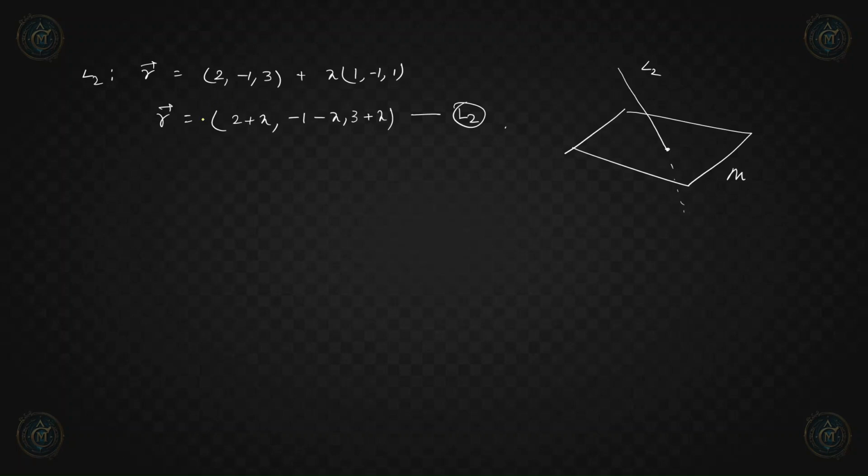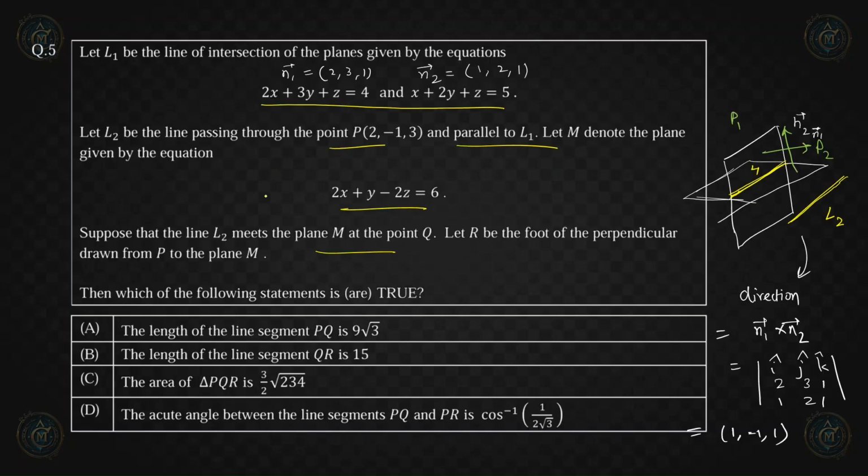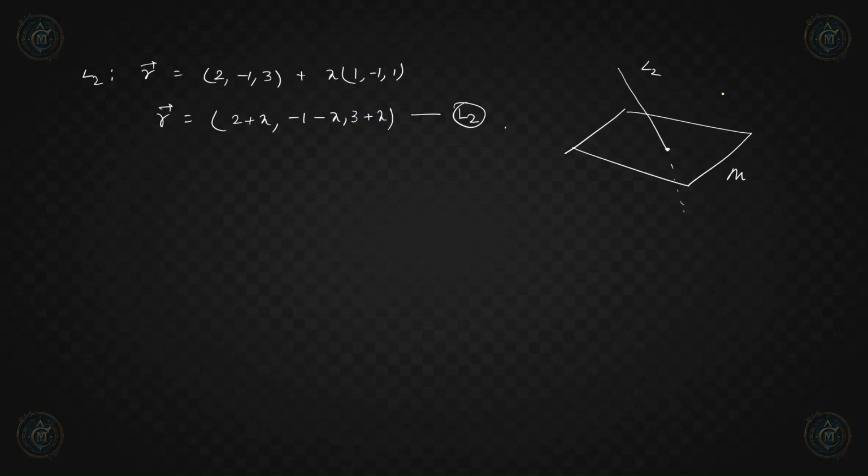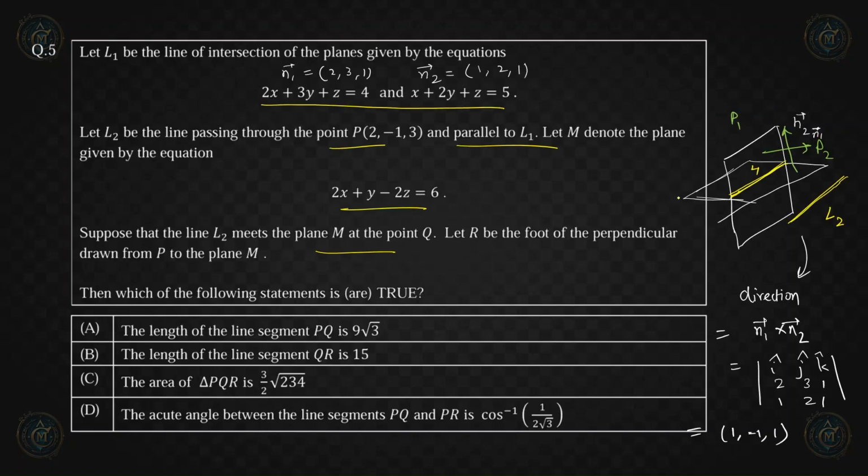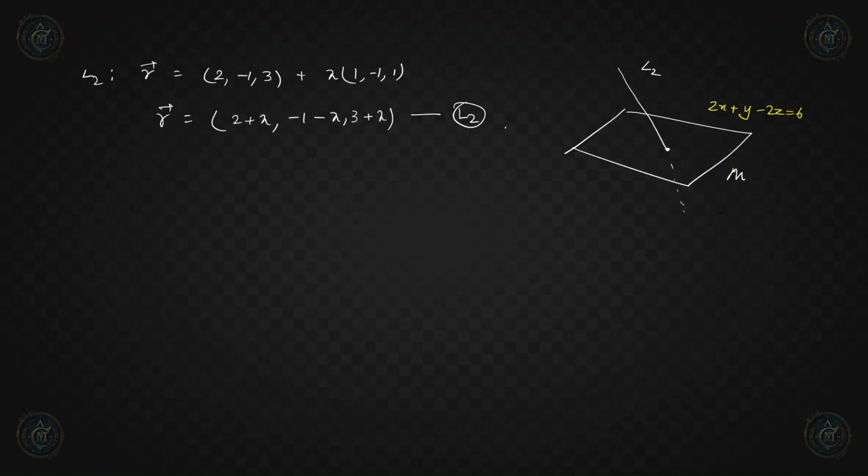Any coordinate on this line L2 will look like this form. So for some lambda, this point must lie on this plane M, whose equation is 2x + y - 2z = 6.